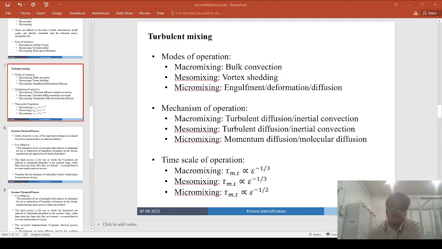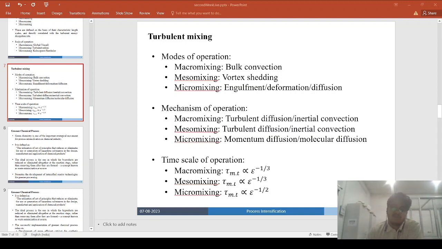So taking the square root of that gives a very large number, and the Batchelor length scale will be very, very small. If you divide by such a very large number, you will observe that the Batchelor length scale for liquids is very, very low compared to the Kolmogorov length scale.